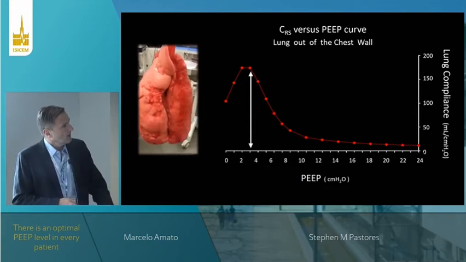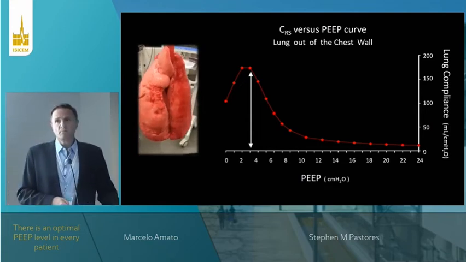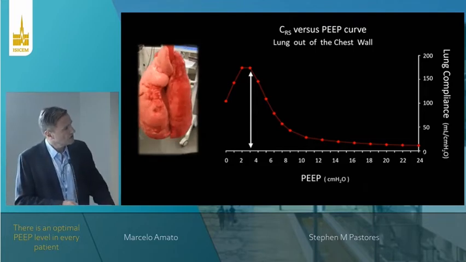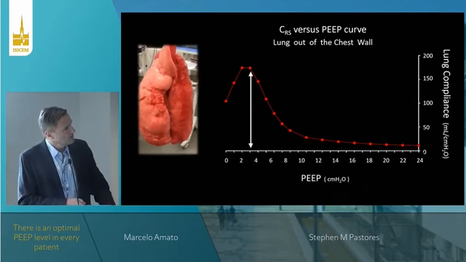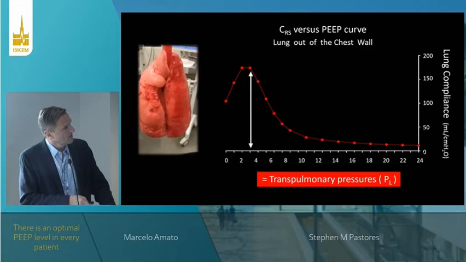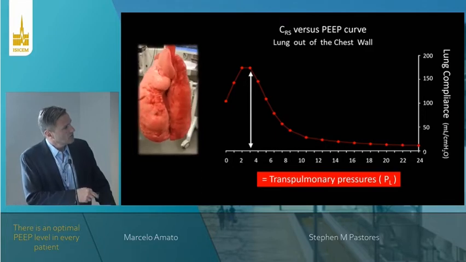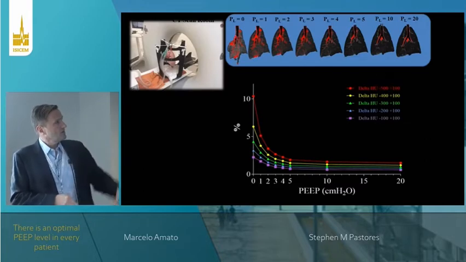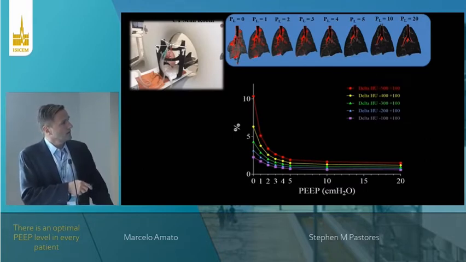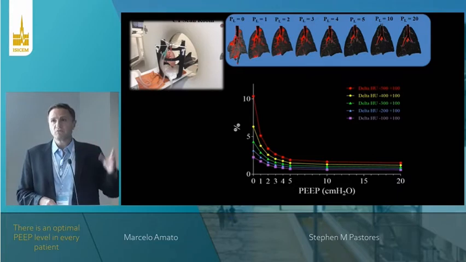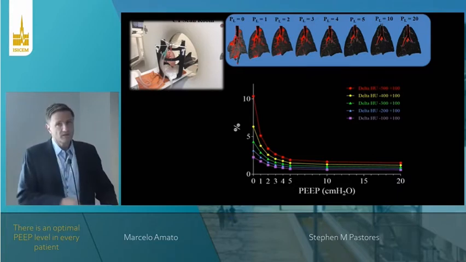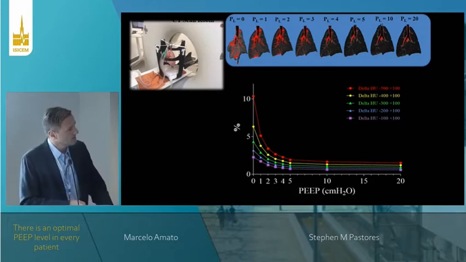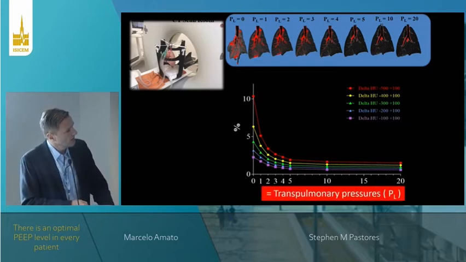So I repeated these experiments in some lung injuries and some normal lungs. I always got the same result. So for instance, in this animal, again, transpulmonary pressure of +3. And I took this isolated lung preparation to the CT to understand what was causing this sharp decrease in compliance at a low transpulmonary pressure.